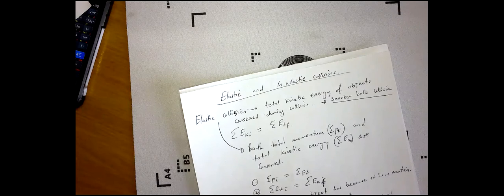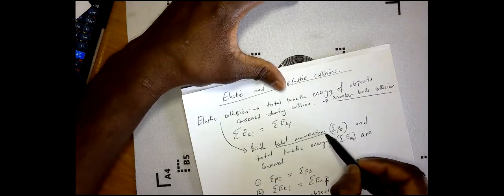So now let's move on to different types of collision. We have two different types of collision here: elastic collision and inelastic collision. So what do we understand when we talk of elastic collision? Elastic collision is where your total momentum and kinetic energy are conserved after collision.